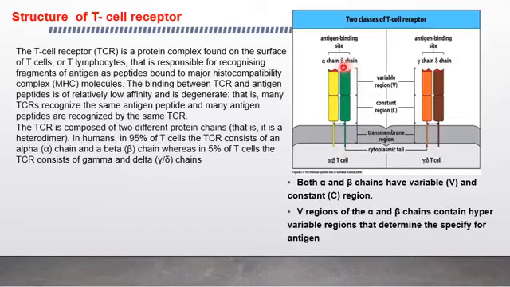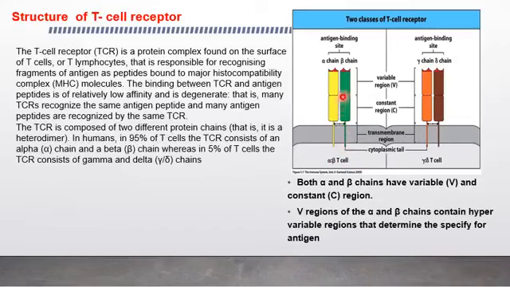When the antigen comes and binds to this receptor on the T cell, the receptor sends the signal inside the cell through the cytoplasmic tail and leads to activation of the signaling pathway inside the T cells.